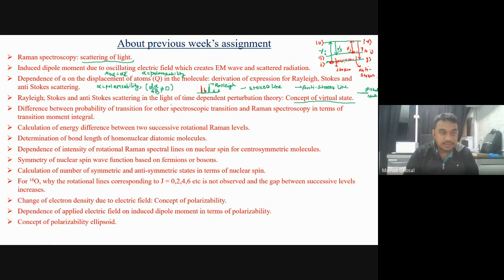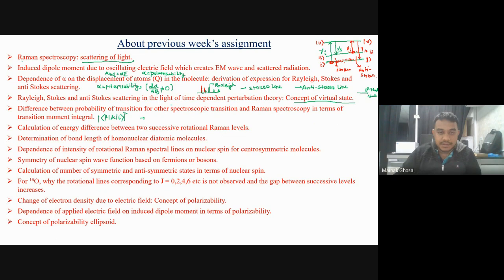Fine. So then the difference between the probability of transition for other spectroscopic transitions and Raman was shown in terms of the transition moment integral. For any spectroscopic transition, we have written the transition moment integral like this, and for probability, this mod square will be there.